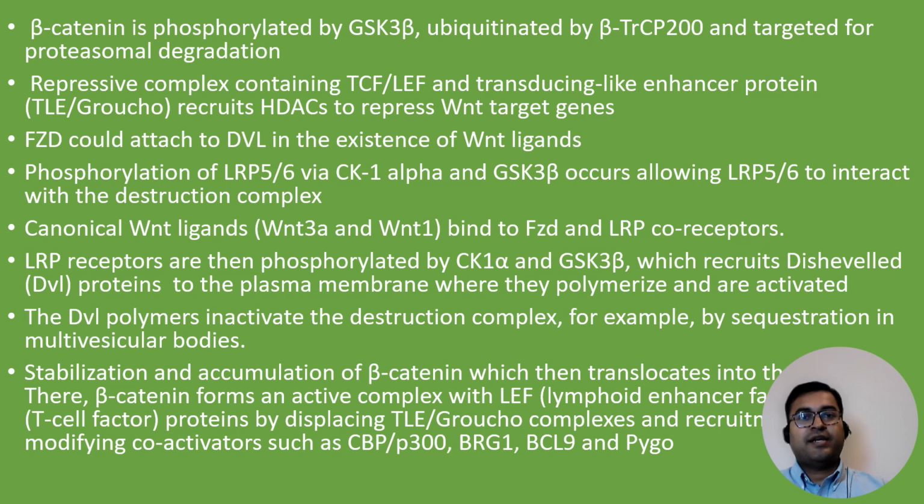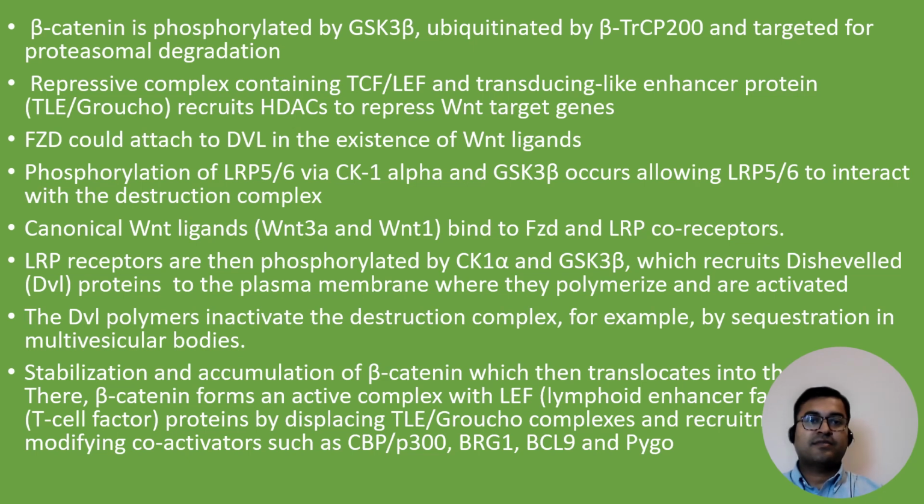Beta-catenin is phosphorylated by GSK3 beta as we have discussed and ubiquitinated by beta-TrCP, and this is targeted for proteasomal degradation. Then we also discussed the repressive complex, which is TCF-LEF associated with Groucho, and this TCF-LEF Groucho component is going to recruit HDAC, which suppresses the Wnt target gene.